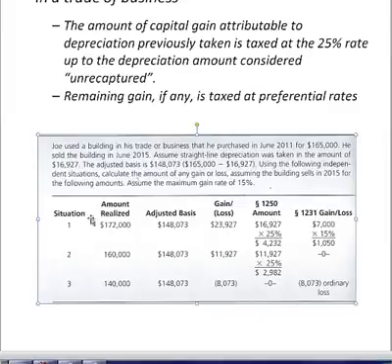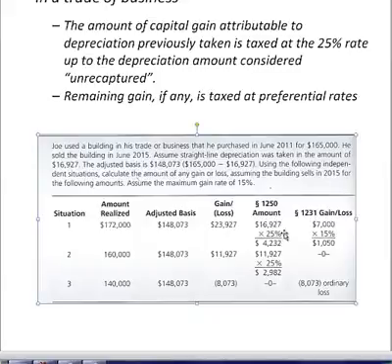Joe sold in situation 1 the building for $172,000. We were told that the basis is $148,073. So we have a gain of $23,927. The depreciation was $16,927. So the amount up to the depreciation of the gain is $16,927.